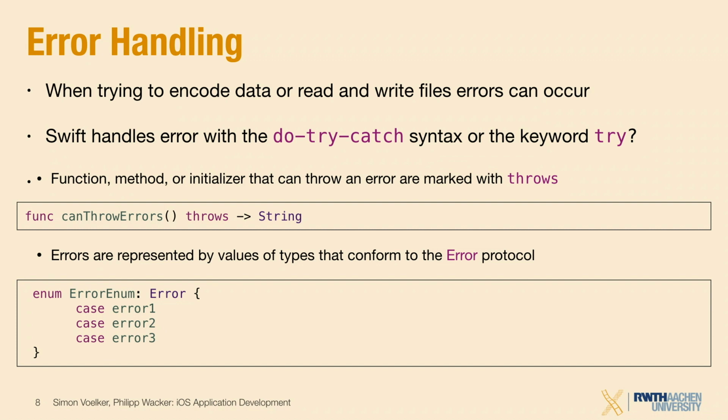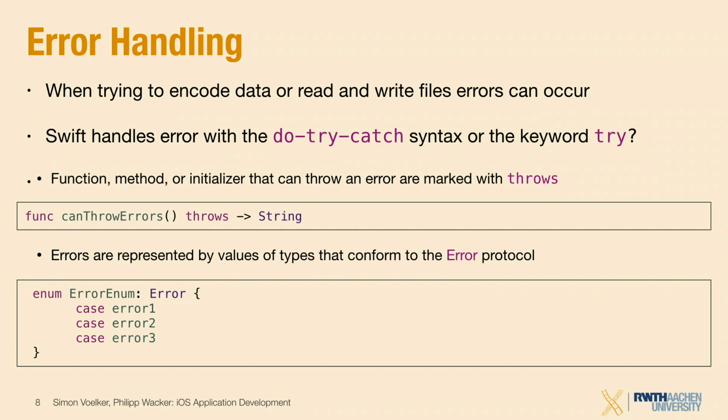The standard way is this do, try, catch environment, where you create an environment where you execute the functions that could fail or throw an error, and then you can catch different kinds of errors if you define them. Or you can use this little try with a question mark at the beginning, which we'll talk about later on, if you don't care about what kind of error and you just want to handle these in a smaller way.